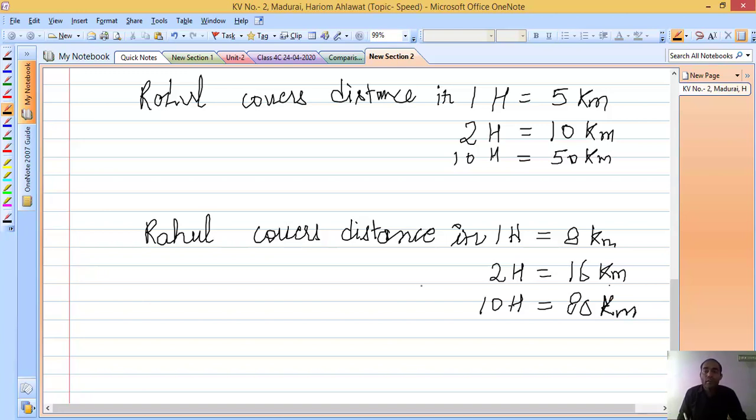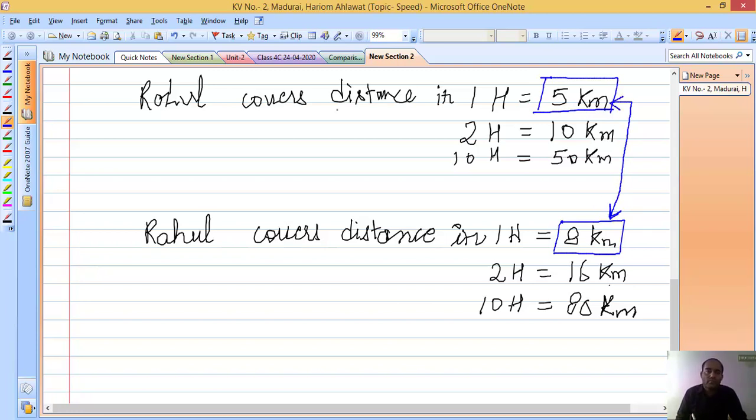Okay. So now what you are going to see here is that here the distance covered is 5 kilometers in 1 hour, and here the distance covered is 8 kilometers. This time Rahul has increased his speed and he is covering 8 kilometers, and here he is covering 5 kilometers.